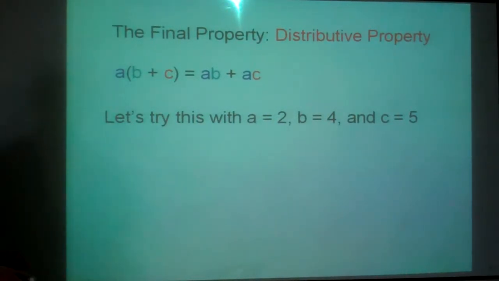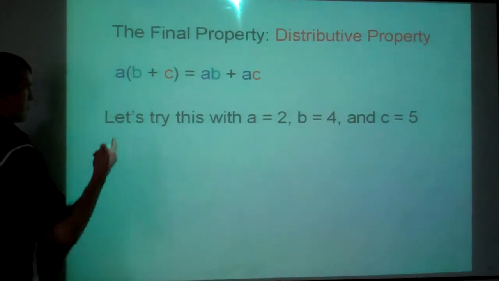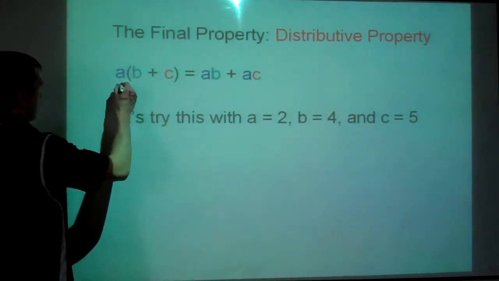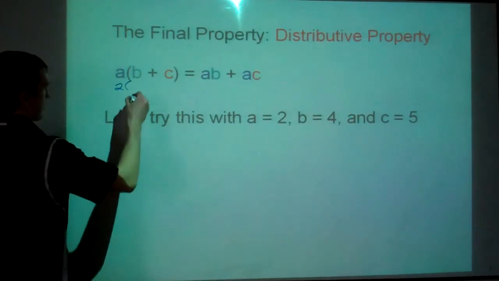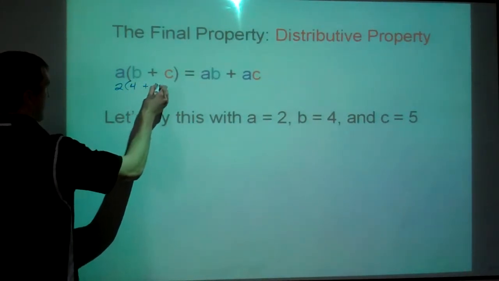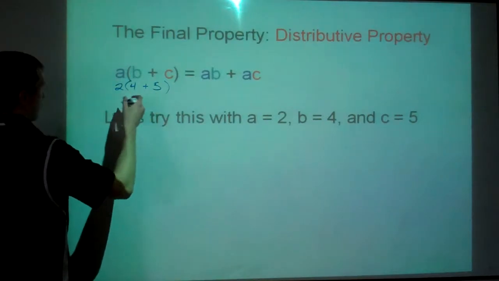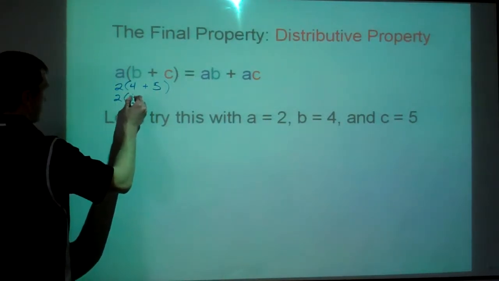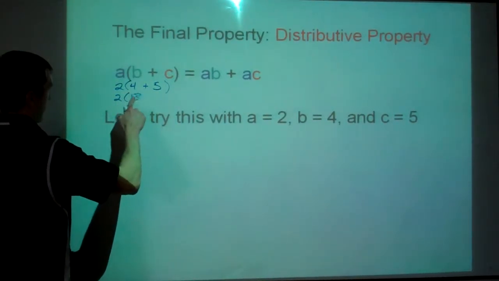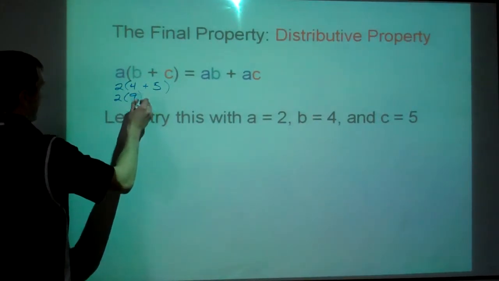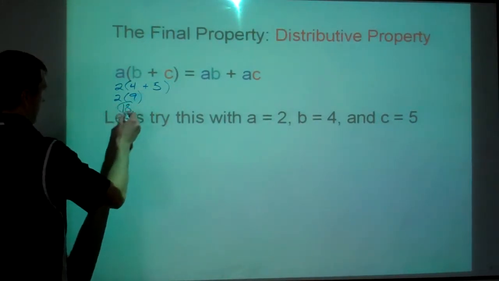Let's try it both ways. First, let's do it this way. If A is 2 and B is 4, C is 5. We get 4 plus 5, we get 2 times 9, and 2 times 9 is 18. Okay.